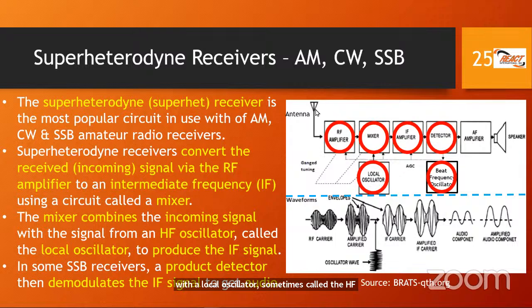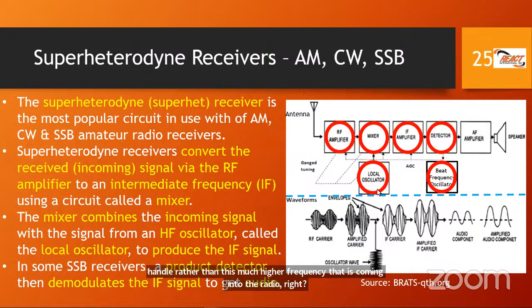So whatever frequency you're listening to, maybe 14.300 megahertz, this mixer will down convert it, using the input as the frequency you're listening to with the local oscillator, and produce the intermediate frequency, or IF stage. That makes it a lot easier for the circuitry to handle, rather than this much higher frequency that is coming into the radio.